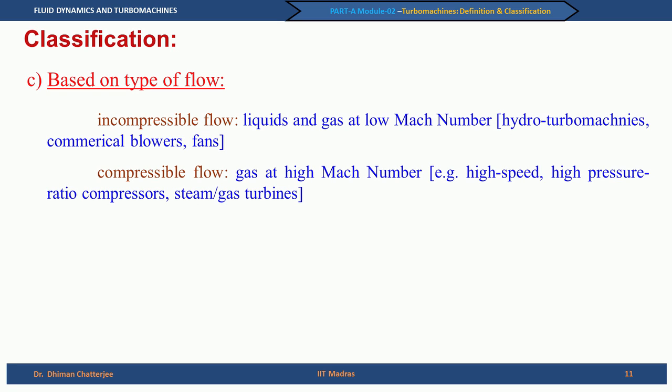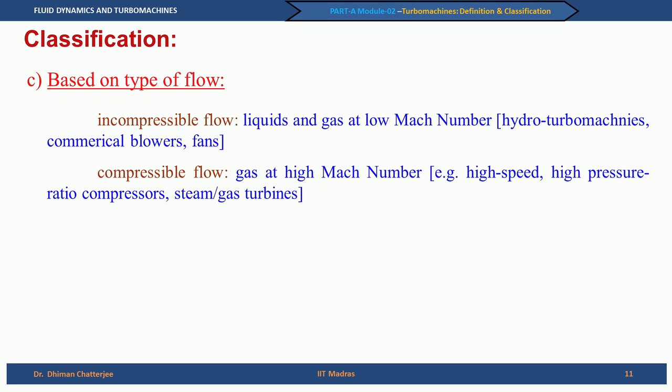So, incompressible flow machines are those machines which handle either the liquids or gas at low Mach number. Thus, any hydro turbo machines, that is pumps and hydraulic turbines, as well as commercial blowers and fans are part of this incompressible flow turbo machine.